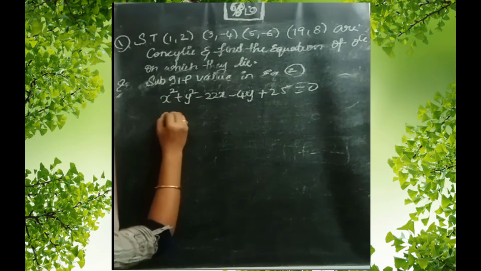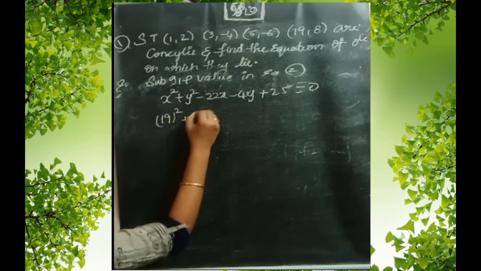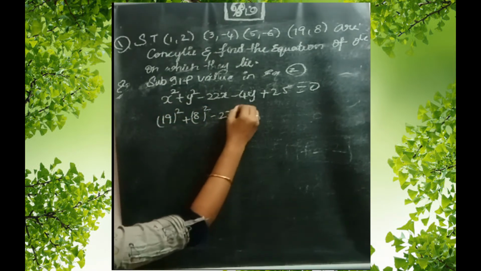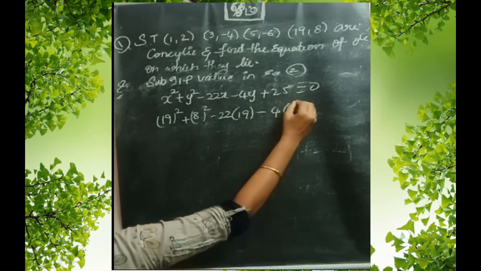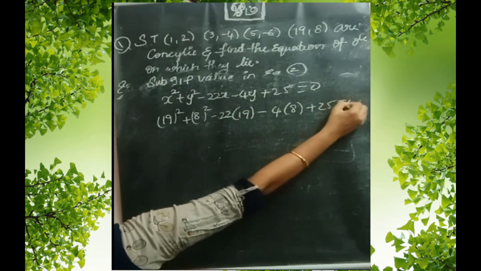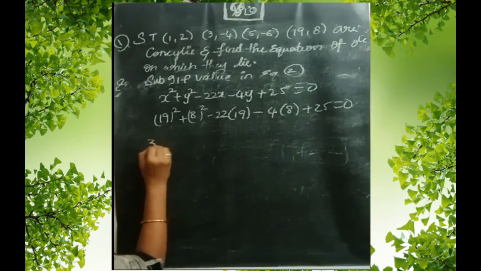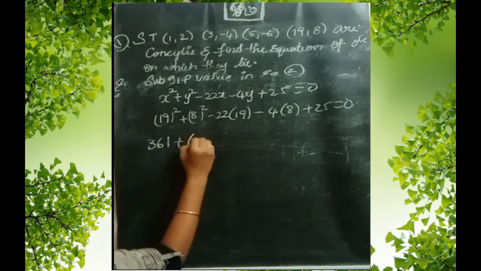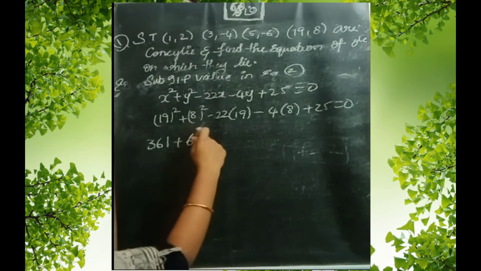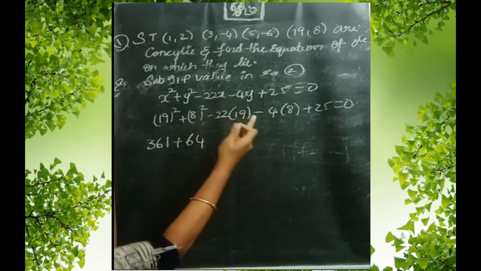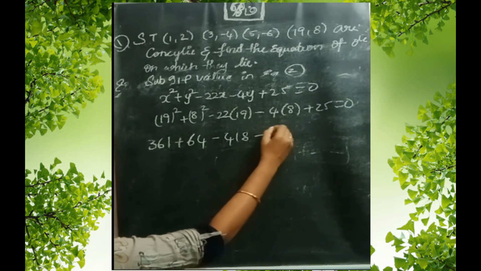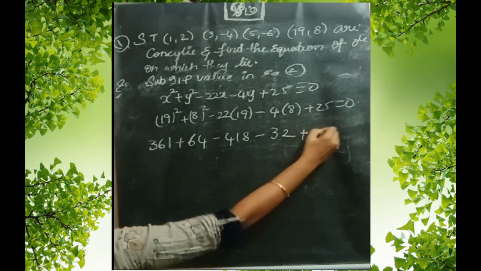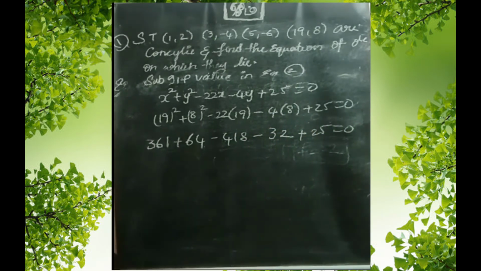Okay. Now 19 whole square plus 8 whole square minus 22 into 19 plus 4 into 8 plus 25 equals 0. 19 square is 361. 8 square is 64. 22 into 19 is 418. 32 plus 25 equals 0.